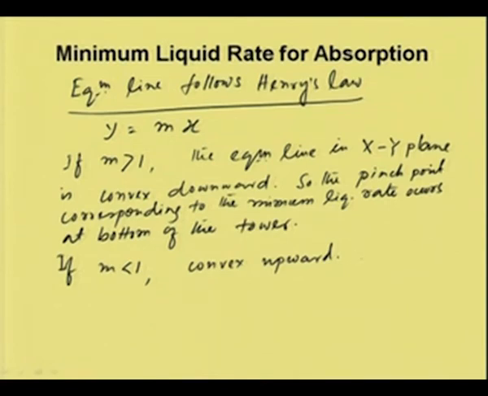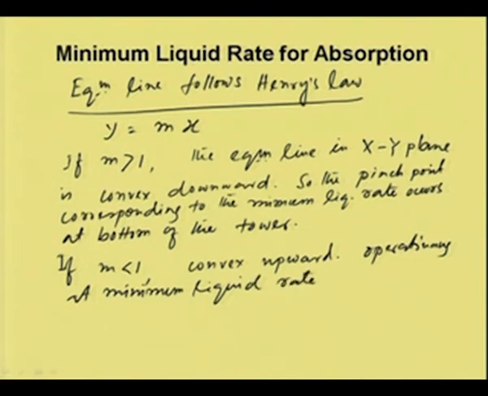So, the operating line at the minimum liquid rate touches the equilibrium line at some intermediate point.